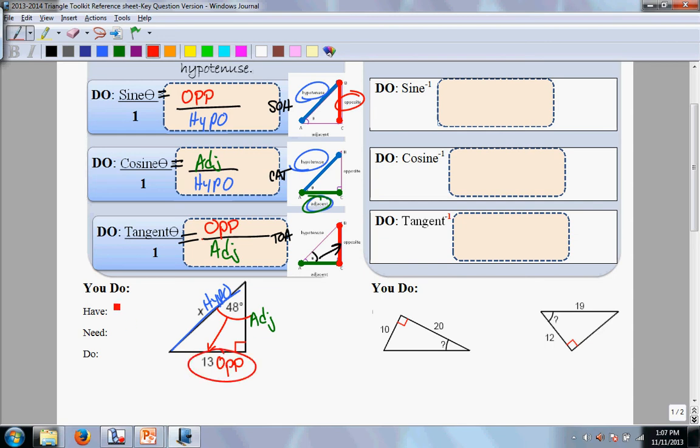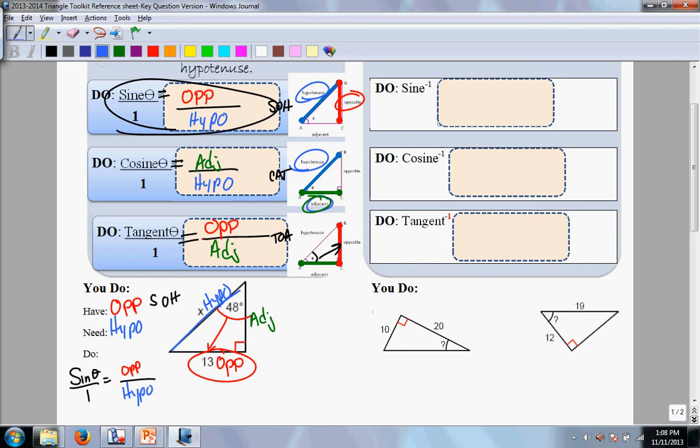So we have the opposite. We need the hypo. So we can see right now we have an OH combo, that's sine. So we pick this one up here. We're going to go sine of theta over 1 equals opposite over hypotenuse.